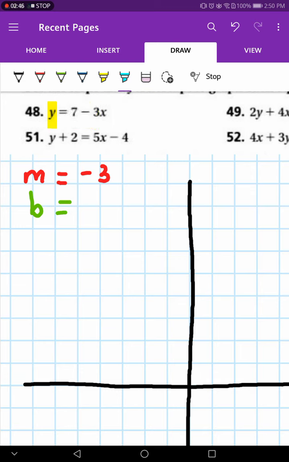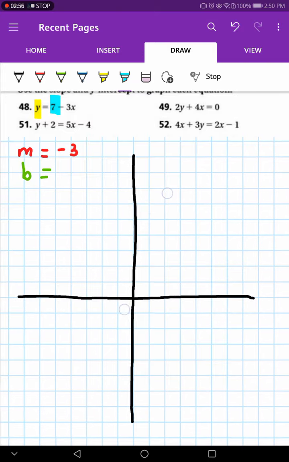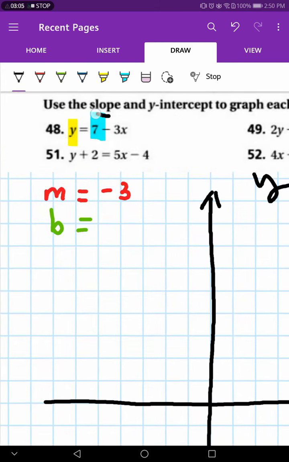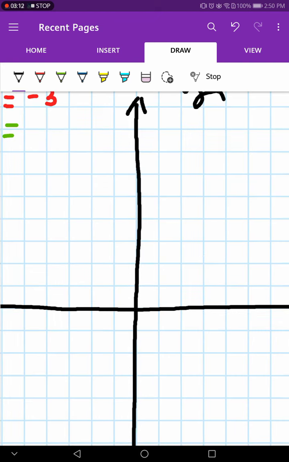Now the 7 is the number where the line hits the y-axis, and this is the y-axis, my dear student. The equation told me the line will hit the y-axis at 7, so I count 7: 1, 2, 3, 4, 5, 6, 7.